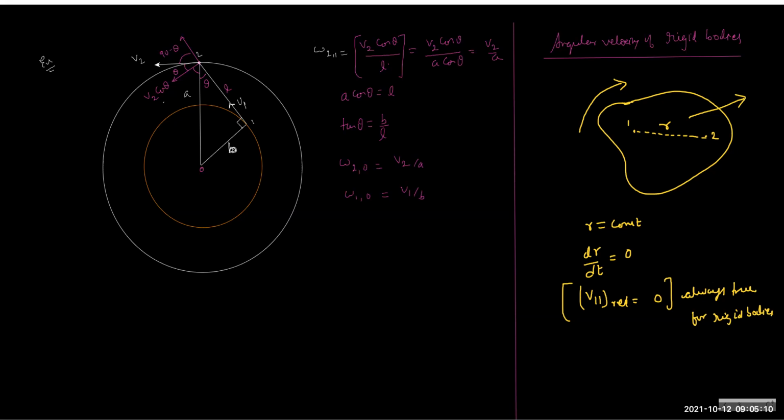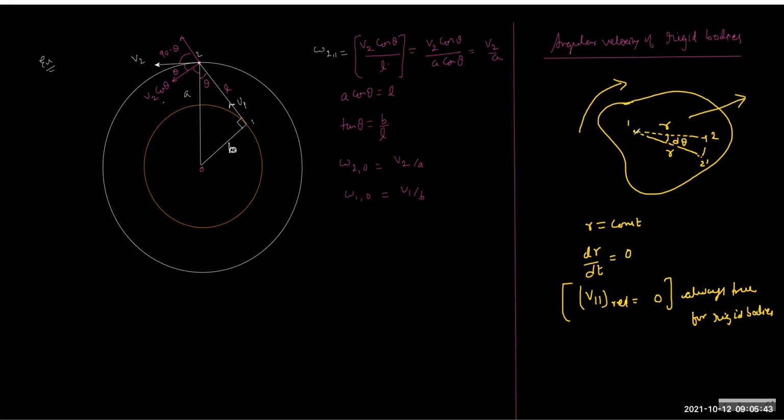So one cannot go away from 2 and vice versa, but one can turn about 2 and vice versa. So 2 can turn about 1. So if you choose 1 as the observer, the line of sight can change. So the body can go from here to there. But this will all still remain R. So even in the frame of 1, if you observe 2, it will perform circular motion.